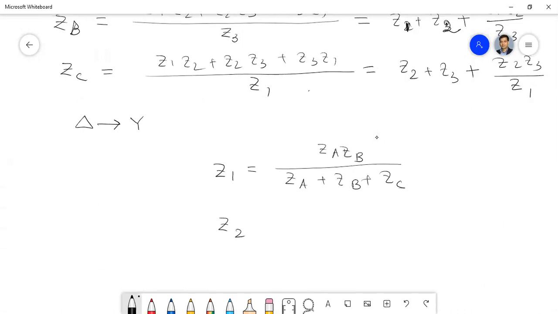Similarly, what will be Z2? Quickly. You just tell me the numerator here. ZB ZC. Correct.